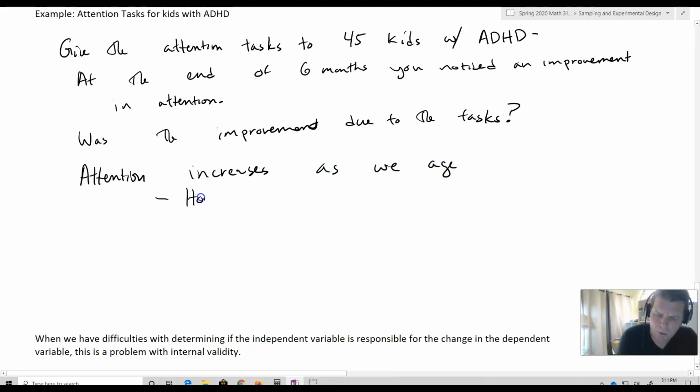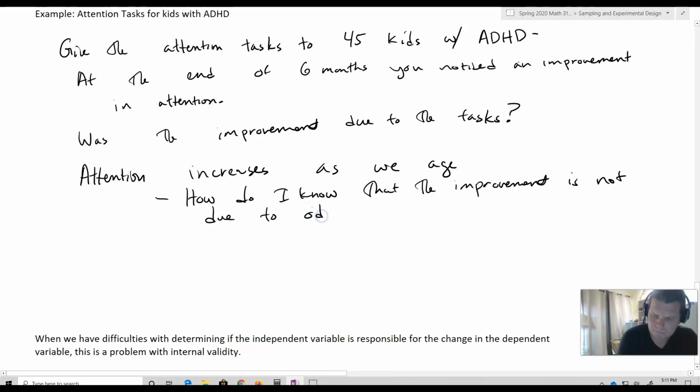How do I know that the improvement is not because the kids got older? That's maturation. It's not due to the tasks. Well, in my setup, I don't know.